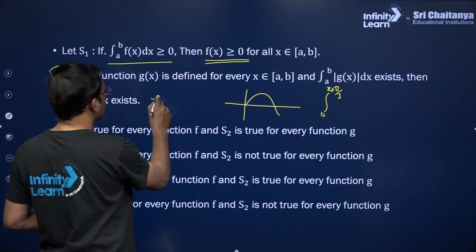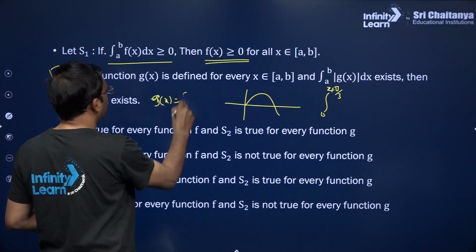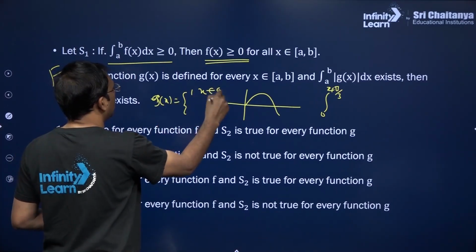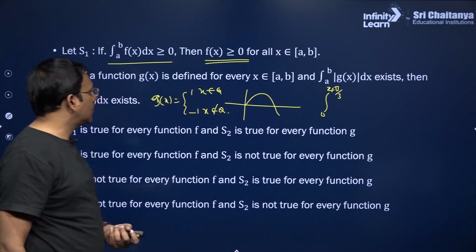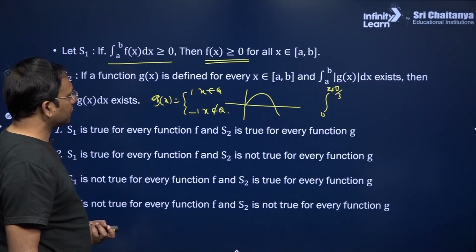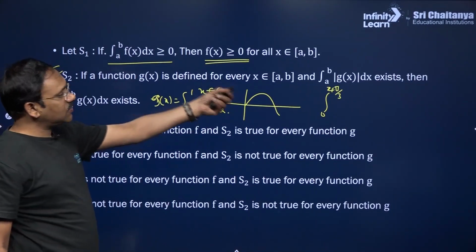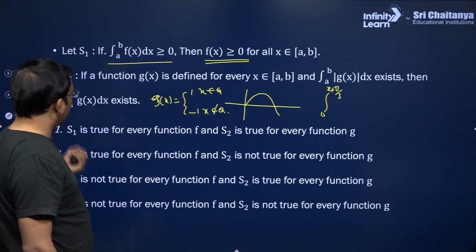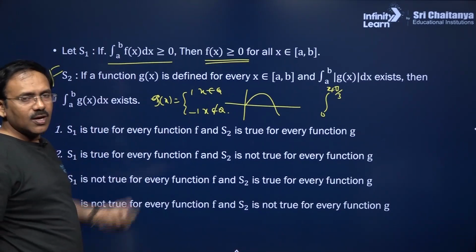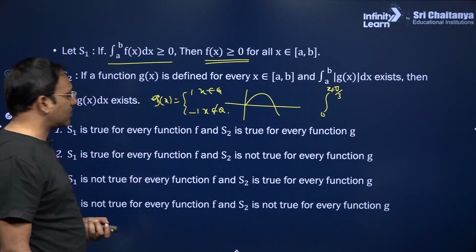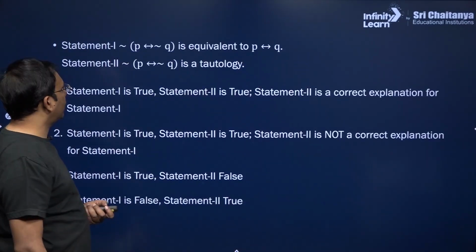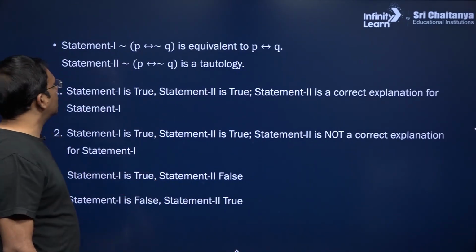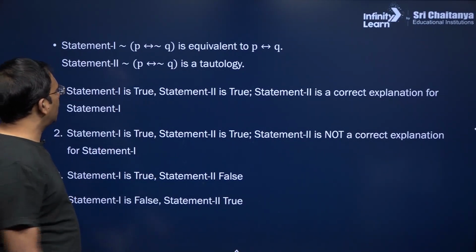Why don't you take g of x as a function like 1 if x is rational, the Dirichlet function, minus 1 if x is irrational, my dear friends. Undoubtedly mod g of x is 1, which exists, and g of x, if you take a to b, it fluctuates, oscillates between minus 1 and 1, we cannot give the integral. Okay. Next, my dear friends, you see, now you need to write the equivalency.